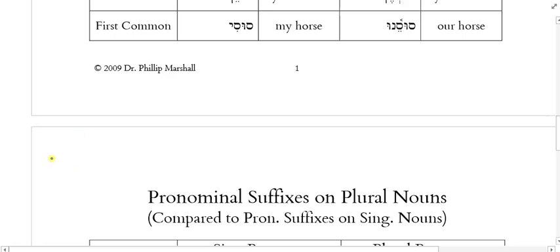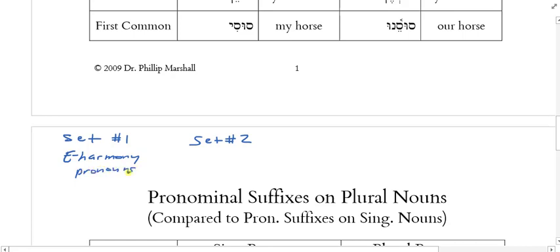We can describe them as set number one and set number two. Okay, there's two sets of pronominal suffixes, set number one and set number two. I have a nickname for these, okay? I like to call the set number one pronouns the eHarmony pronouns.